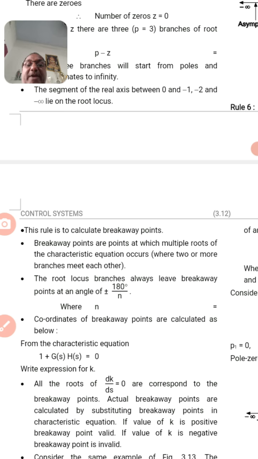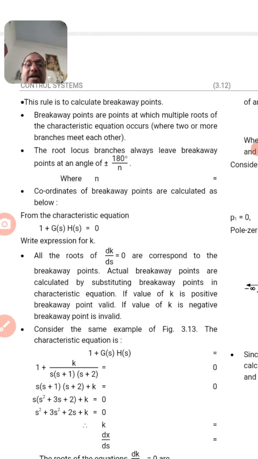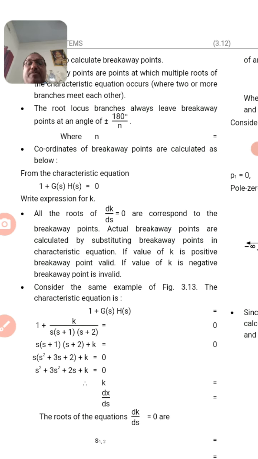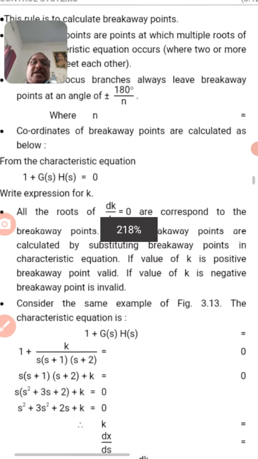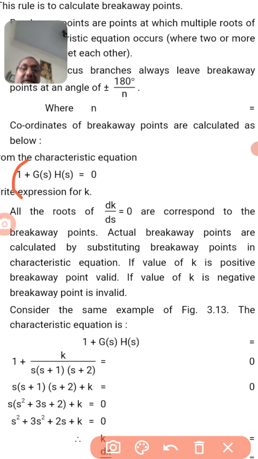Finding the breakaway point is an important point and an important rule. For finding the breakaway point from the characteristic equation 1 plus G(s)H(s) equal to 0, we use dK/ds equal to 0.